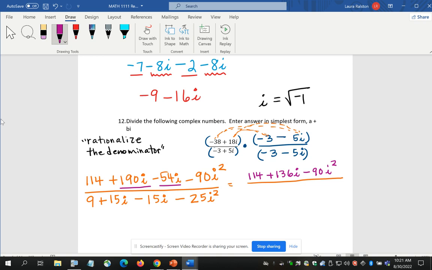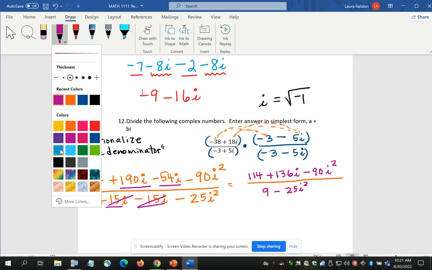In the denominator, 15i minus 15i, okay, that zeroes out. So I have 9 minus 25i squared. The other thing you have to remember whenever you're dealing with imaginary numbers is that i squared is actually a real number.